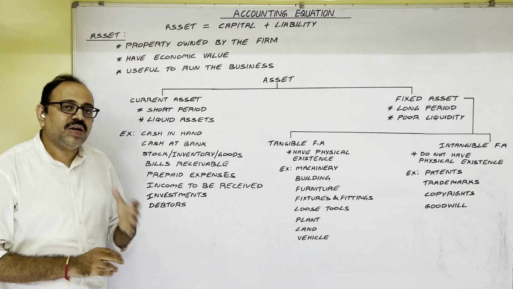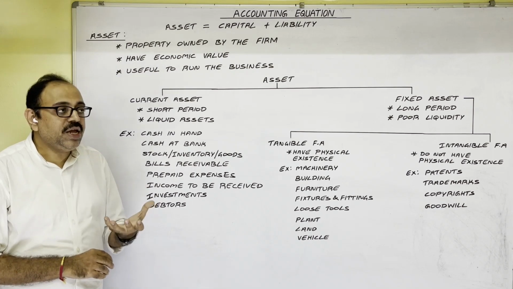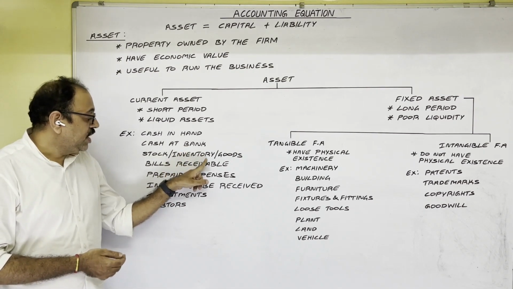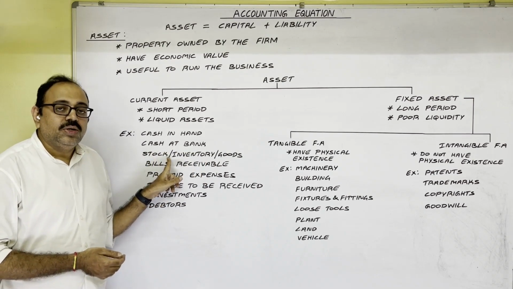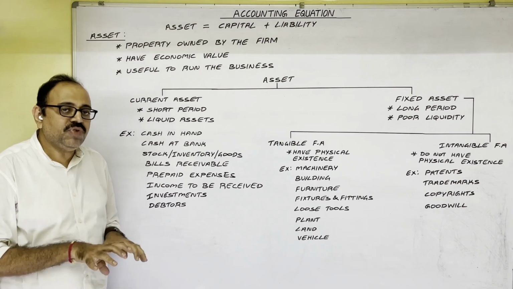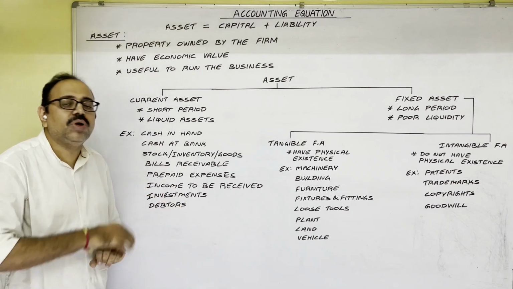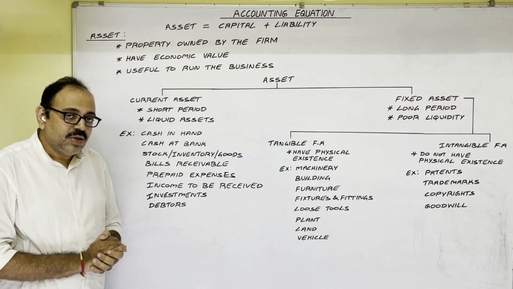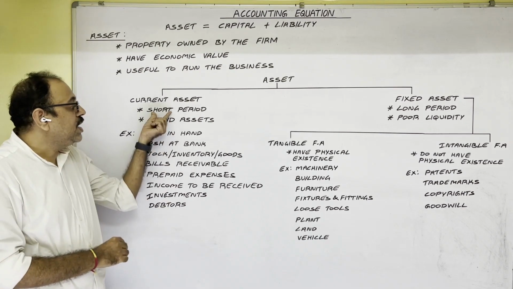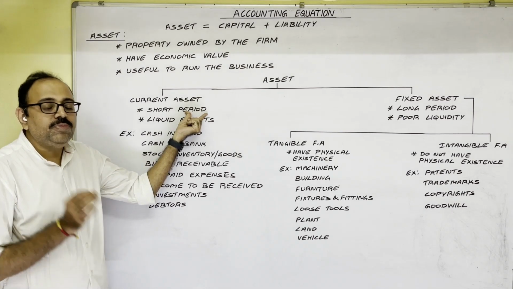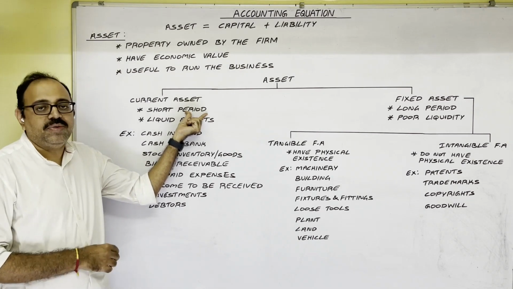So for a stationery shop, stationery items are goods, also known as inventory or stock. If we have stationery items in the shop, within 1 year, he is going to sell them to customers. He is not going to keep them for a long period. So remember, all current assets are useful for a short period. Firm uses them for less than 1 year.